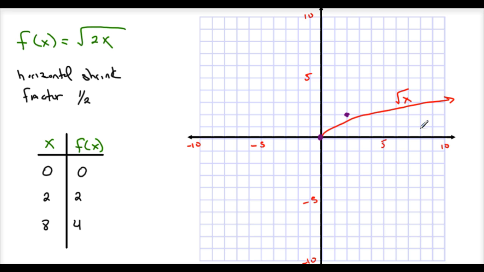And we have 8, 4. And bring that down. And this is the graph of square root of 2x. And this is our horizontal shrink.